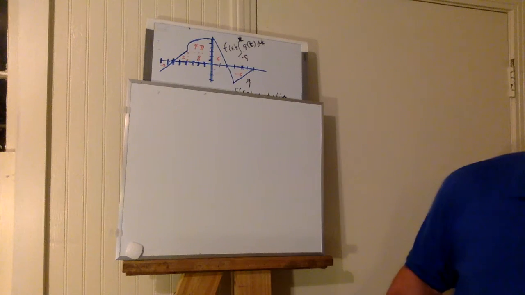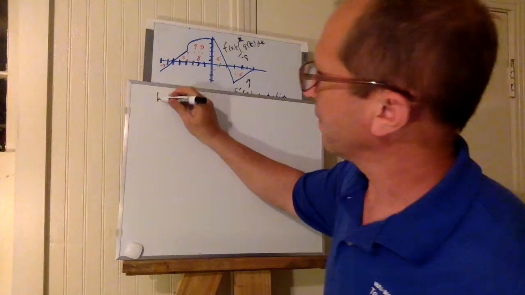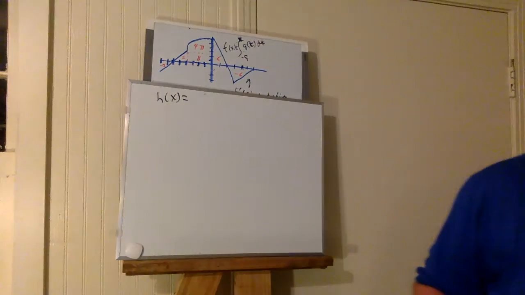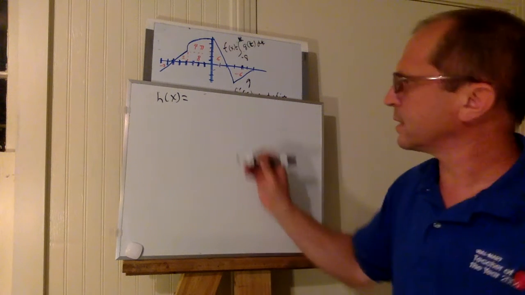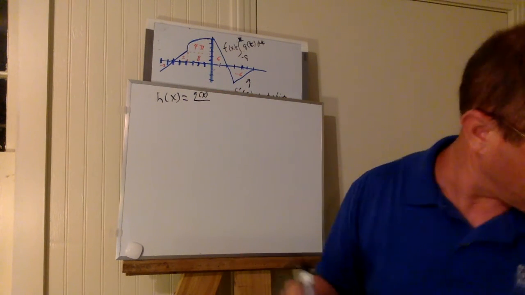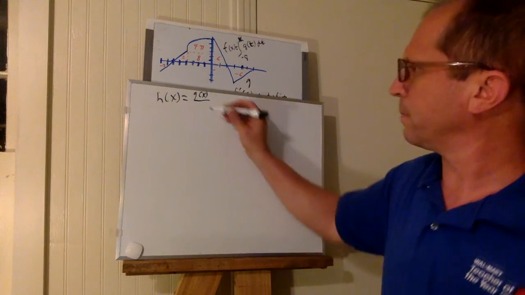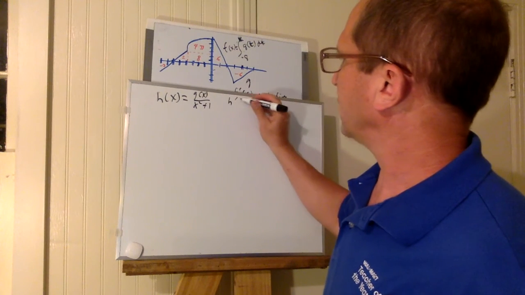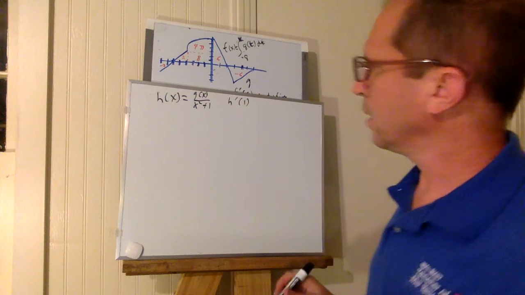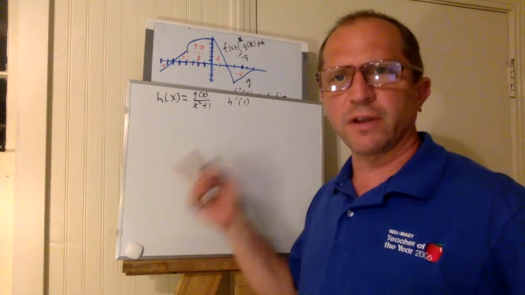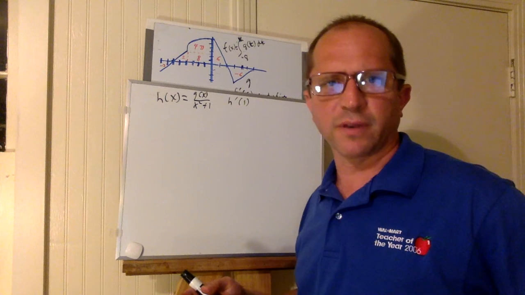Anyway, this is saying that h of x is equal to g of x over x squared plus 1. And they asked for h prime of 1. Well, that means we need the derivative here. Now, this is not L'Hopital's rule. It's not the derivative of the numerator over the derivative of the denominator.